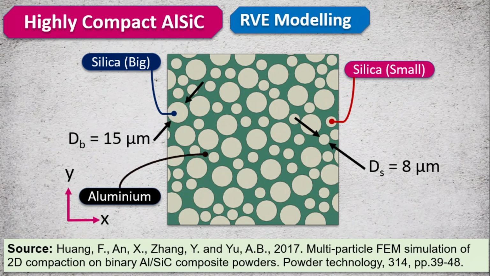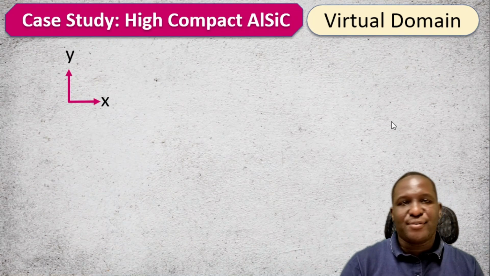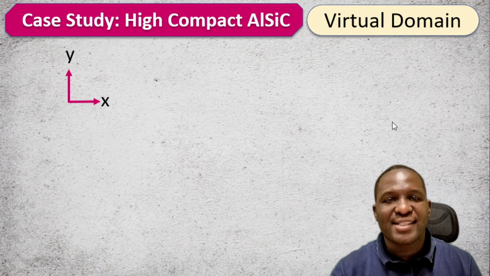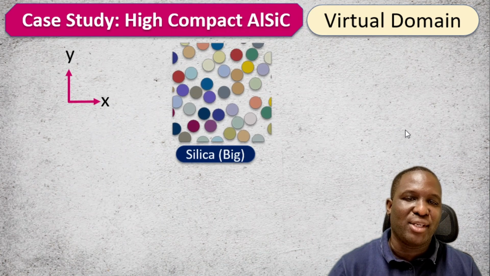Here, the two particle sizes we're looking at are the 15 micron particle size for the silica big, and the 8 micron particle for the silica small. The case study we're going to be using for this video is this highly compact aluminum silica composite. And what would the virtual domain look like?